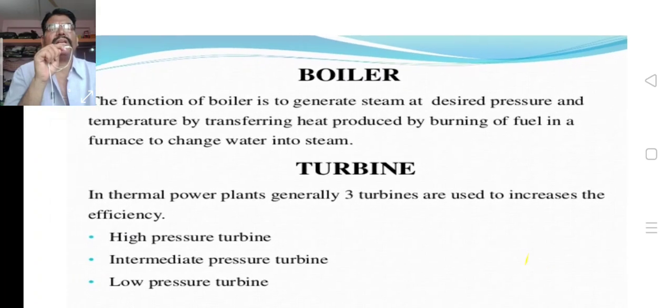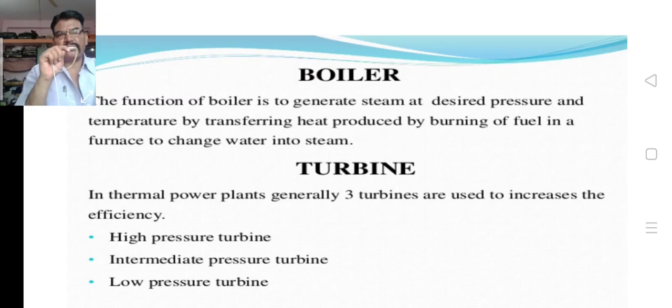Now what is a boiler? The function of the boiler is to generate steam at a desired pressure and temperature by transferring heat produced by burning of fuel in the furnace to change water into steam. That is why the boiler is also called a steam generator.